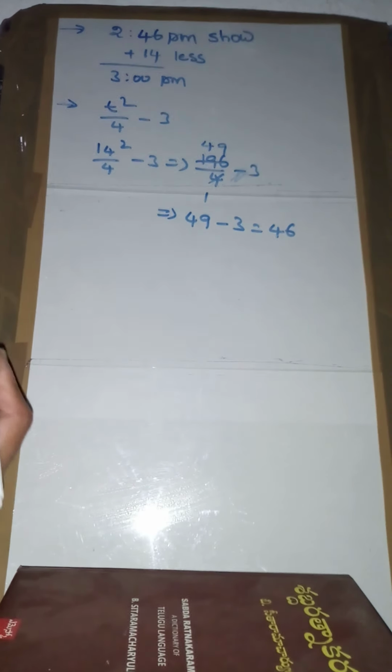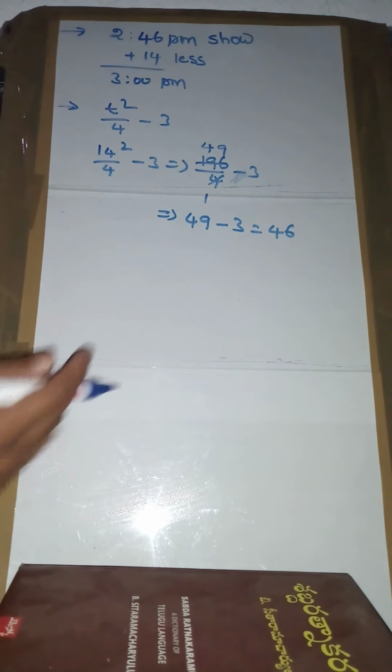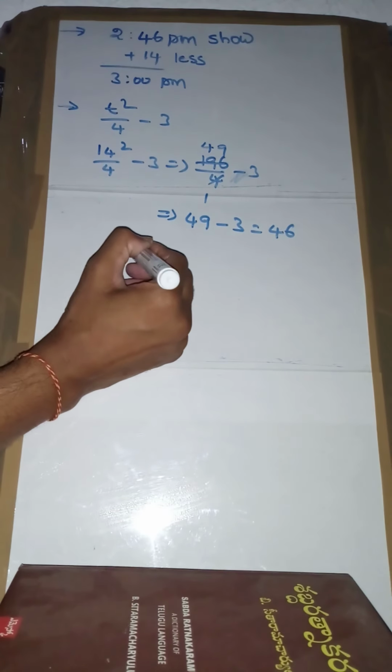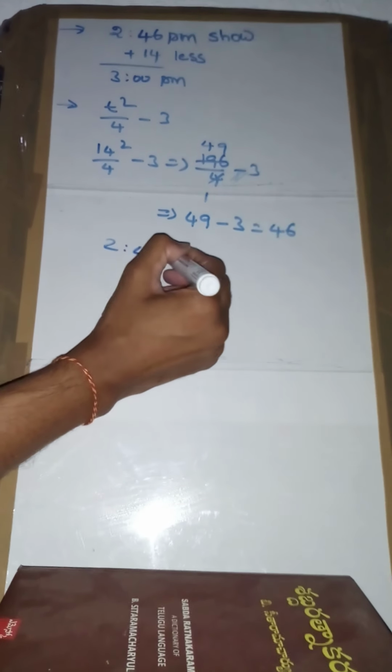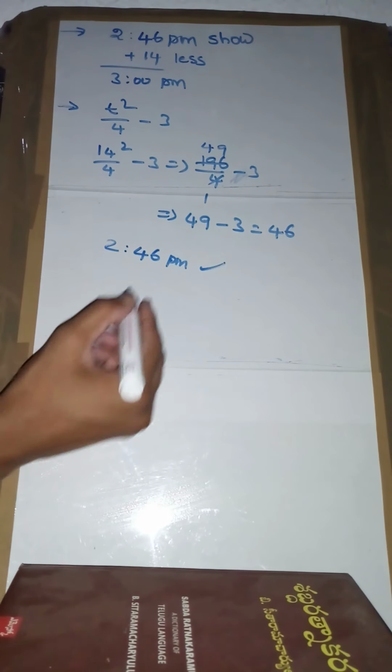That is equal to 49 minus 3 is equal to 46. So the time shown by the clock is equal to 2 hours 46 minutes p.m. Therefore, 14 minutes are less to become 3 p.m. Hence, complete. So the minutes are 14 minutes.